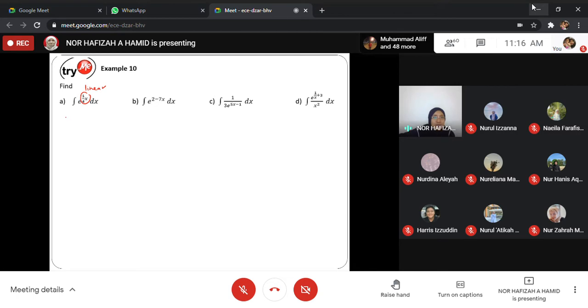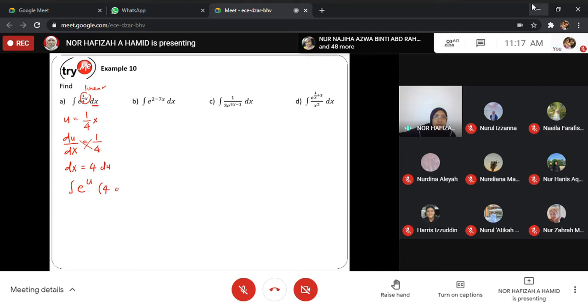For the substitution method, let u equal 1 over 4x. Next you differentiate, du over dx equals 1 over 4, and you cross multiply, so dx is equal to 4 du. Then substitute back: you have e to the power of u, which we assumed as 1 over 4x, and dx is 4 du.